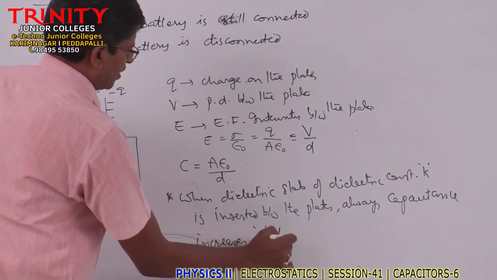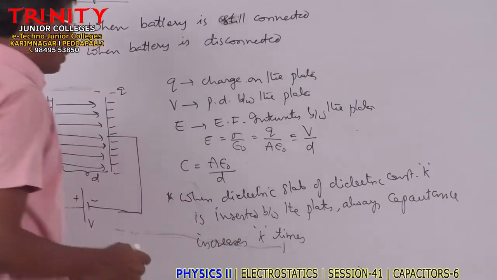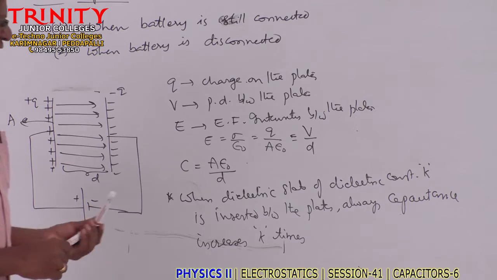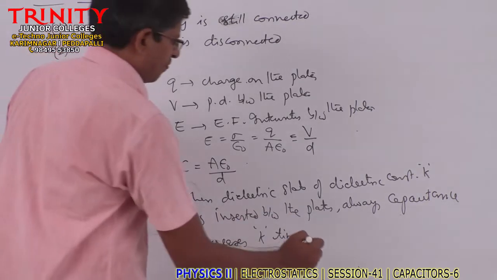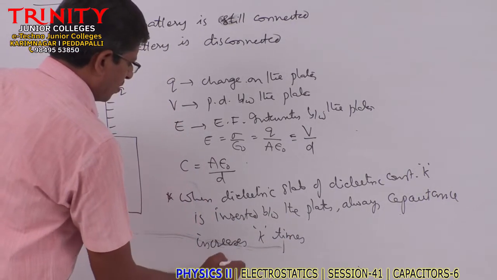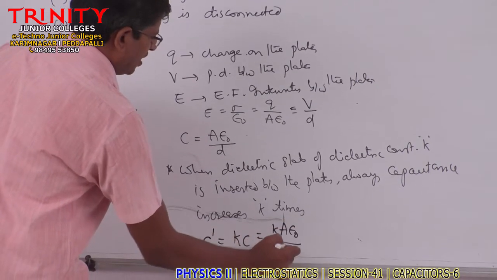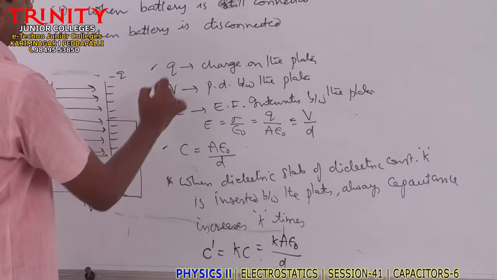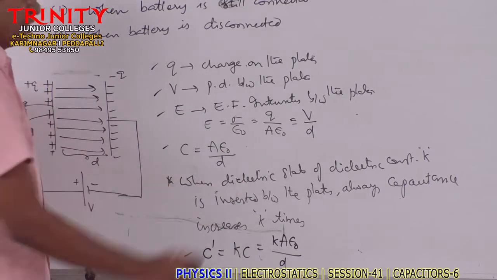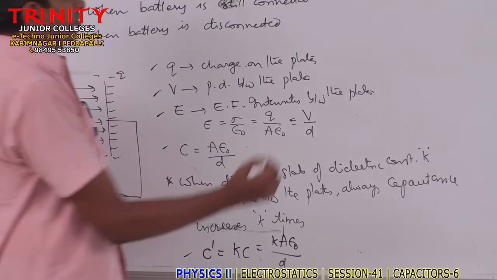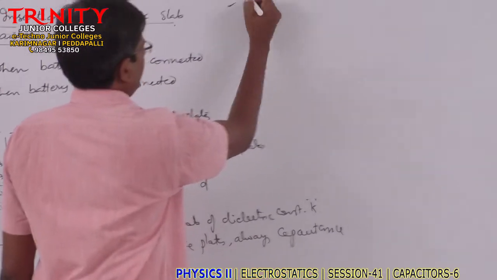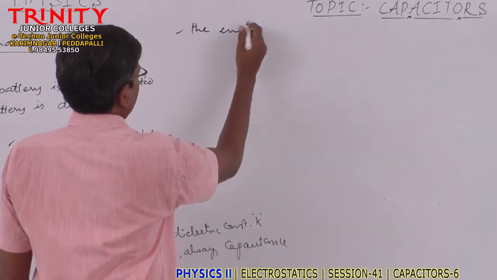That means you are completely filling the space, not partially, right? In that case, the capacitance increases K times. Therefore, C dash equals K into C, that is K A epsilon naught by D. All the parameters you must know. And not only this, the energy stored between the plates we also discussed.